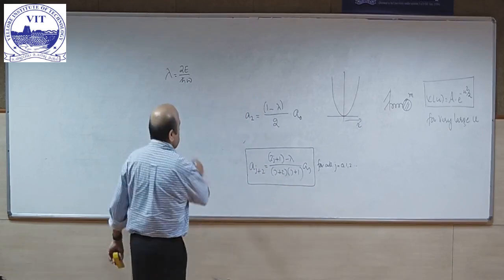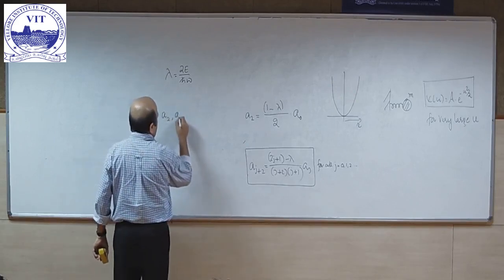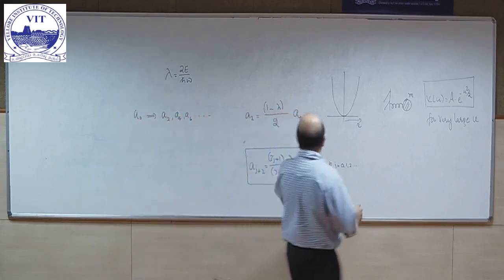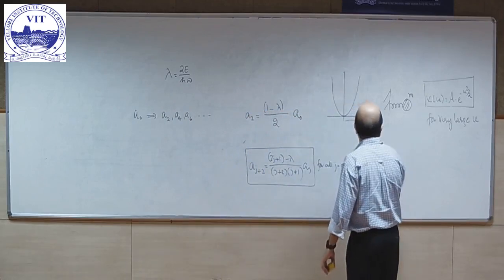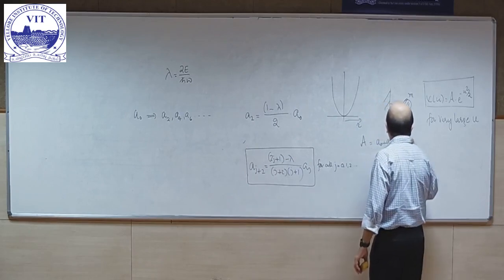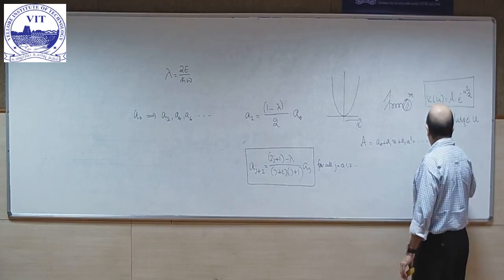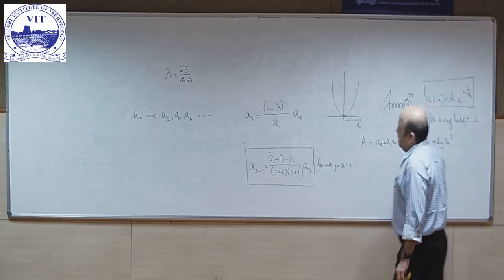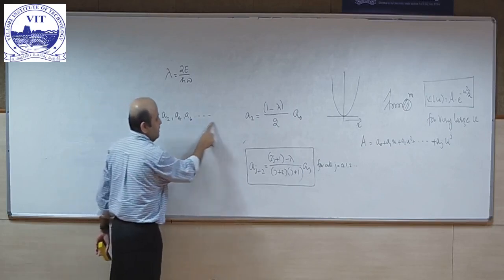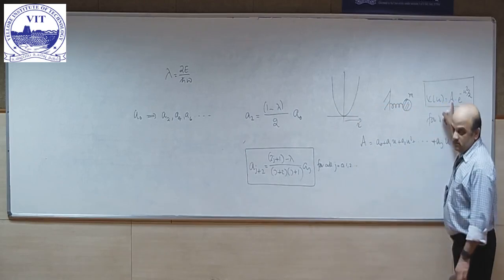So if you are given A0, you will get a series A2, A4, A6, etc. In the series A, A0 plus A1u plus A2u square plus etc., with general term Aj times u to the j, I can calculate all these even terms, substitute here and get the wave functions.